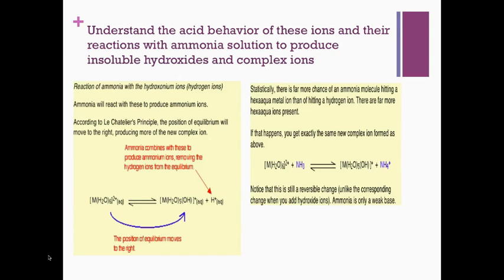If this happens, you get the same new complex ion formed as above. And so notice that this is still reversible. Ammonia is only a weak base, not like we had when we added OH-, which might come from a base like sodium hydroxide. So we still have an equilibrium situation here.